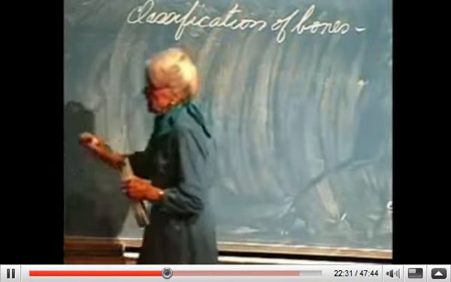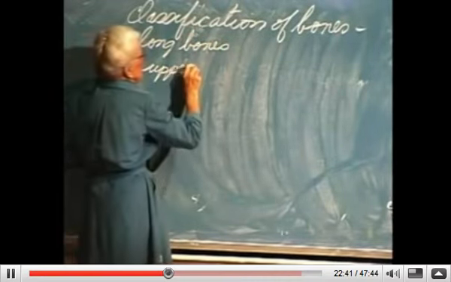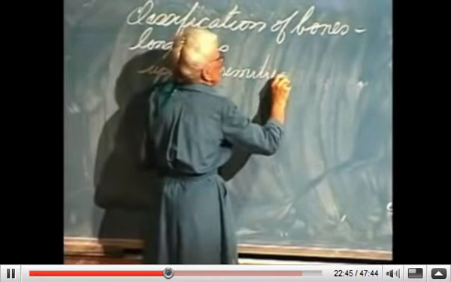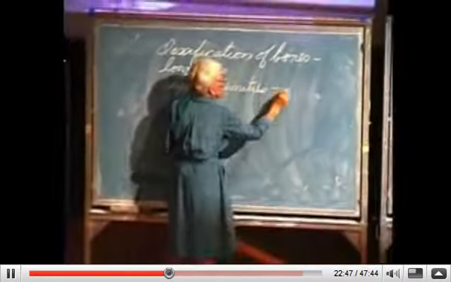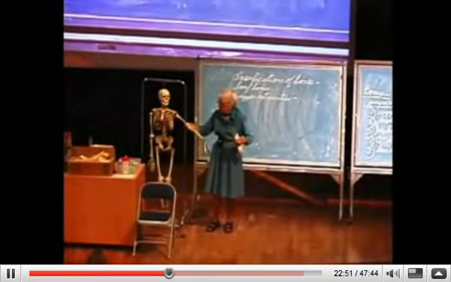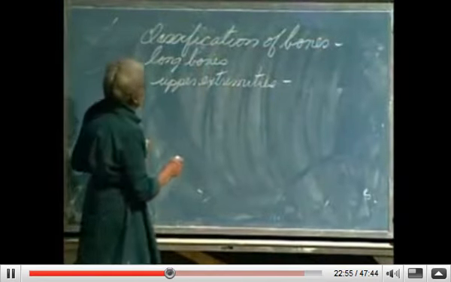So let's first take long bones. And we'll take upper extremities. And you'll see why we call them upper extremities. We're talking about this appendage here. So the first long bone is the humerus.